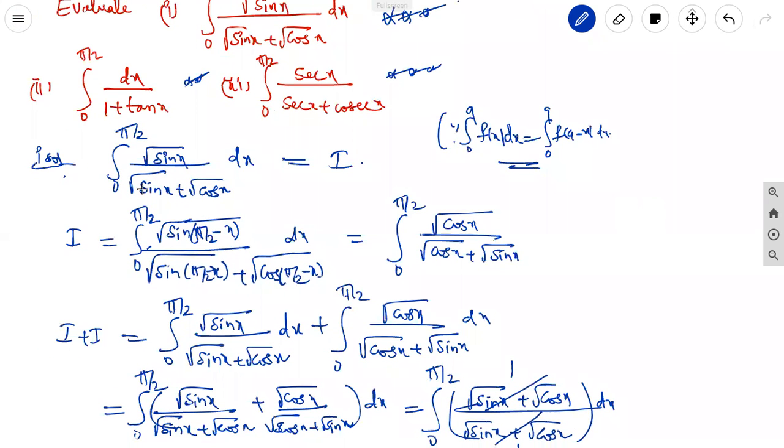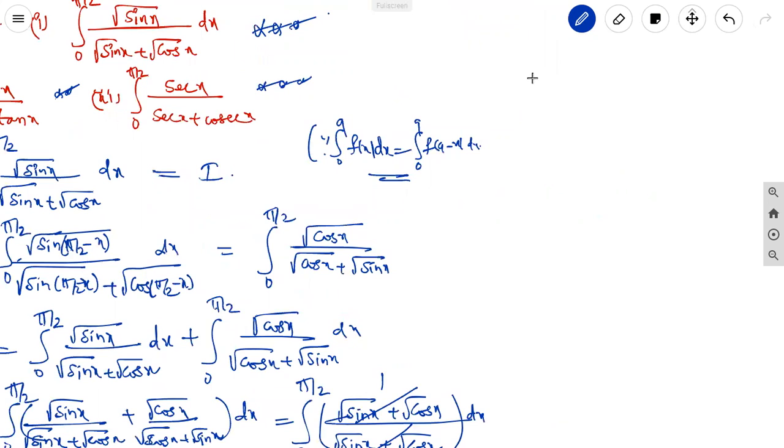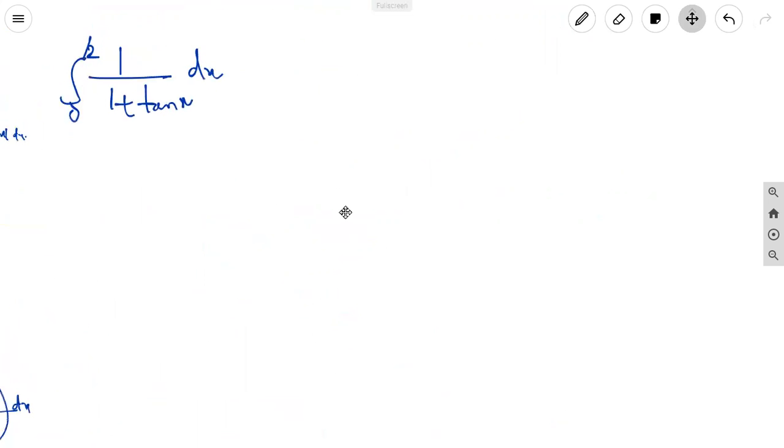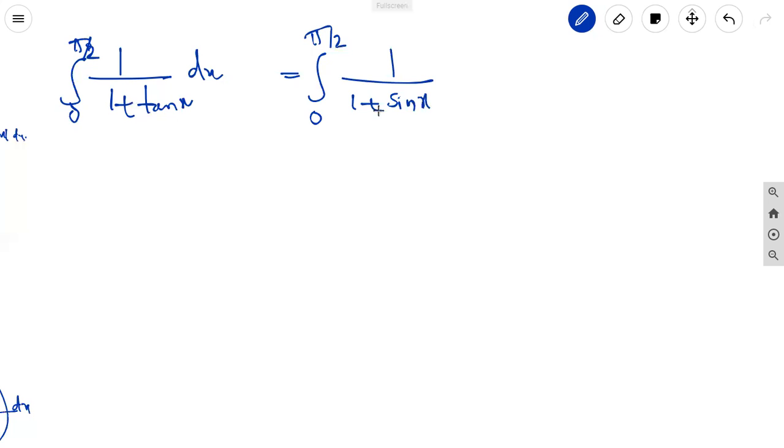The second question is also similar. Here tan x is there, and tan can be converted into a ratio of sine and cos. Then this is also same like the first one, integral 0 to pi by 2, 1 by 1 plus tan x. There is no other function, only tan x is there. How to change? Just write in the place of tan x, sin x by cos x, so 1 by 1 plus sin x by cos x dx.